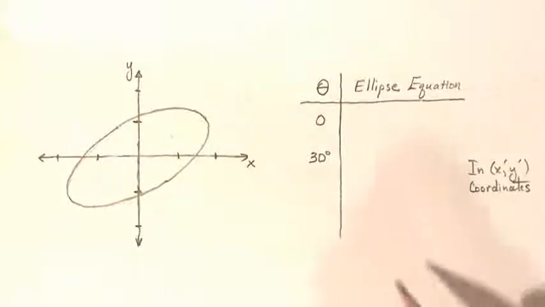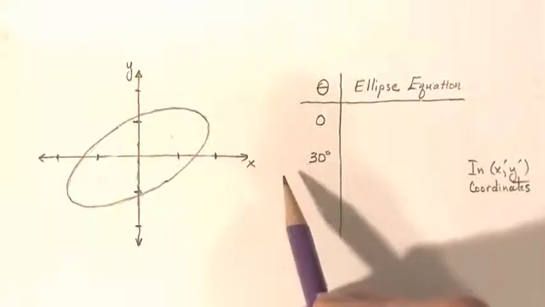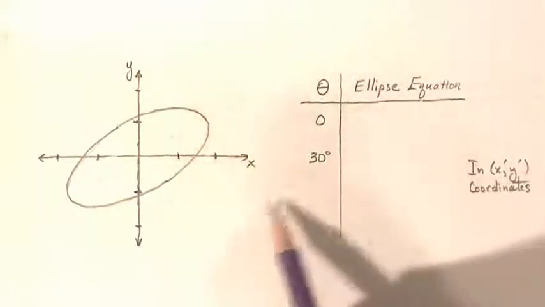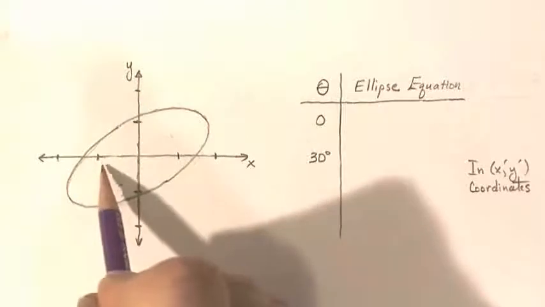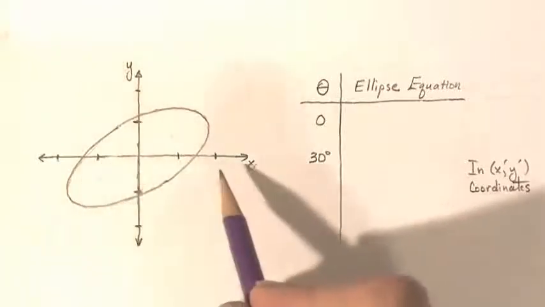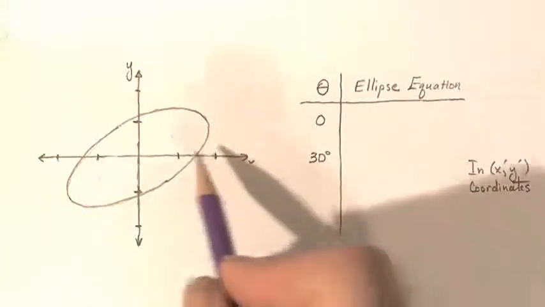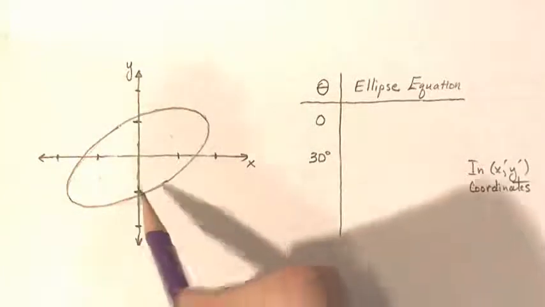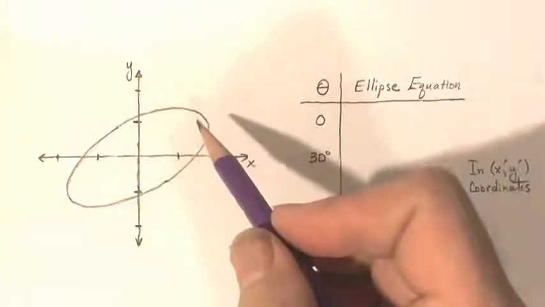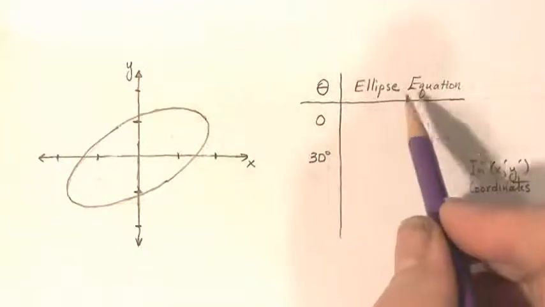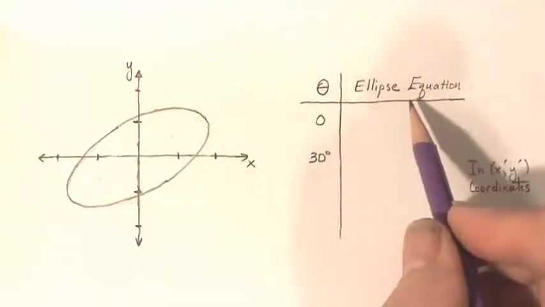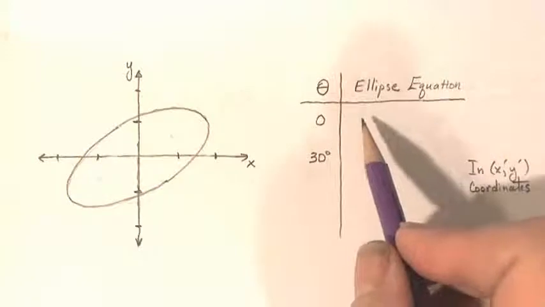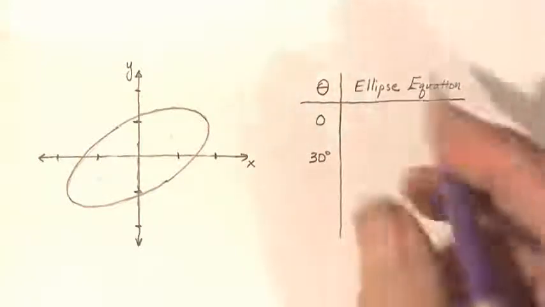The example before this might make it easier to accept what I'm going to show you now. Look at this ellipse. It doesn't look like what we've done before. Our ellipses have always been horizontal or vertical, but this one is tilted at an angle. What that does to the ellipse equation is it changes the way that it appears.